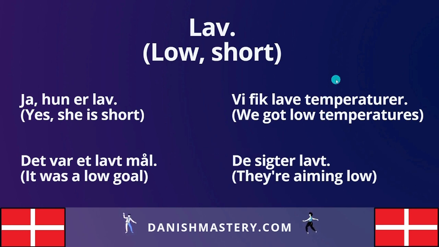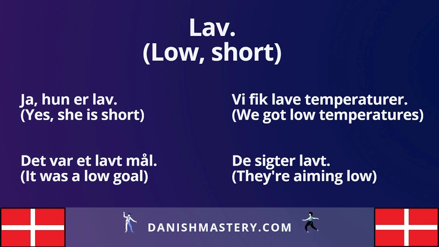And then vi fik lave temperaturer. We got low temperatures. We say that because, I mean, in Denmark the weather's kind of shitty most of the time. So we always evaluate. And then you can say, vi fik gode temperaturer, eller høje temperaturer, eller lave temperaturer, something like that.